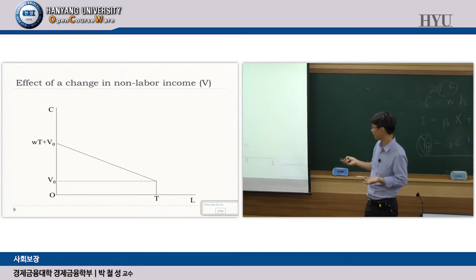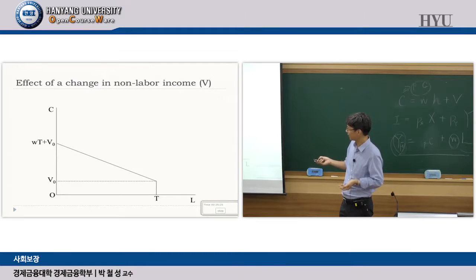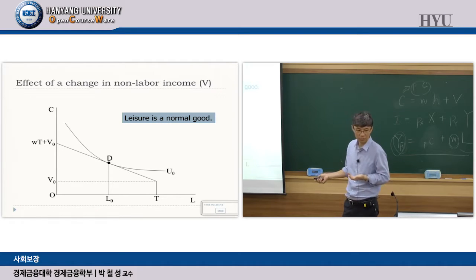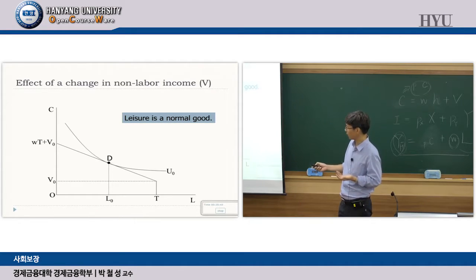That's a lot. Okay, but anyway. So what happens? Only thing that happens is V0 will change, for example, V0 to V1. Before your dead uncle's will shows up, you were happy at point D. Now your dead uncle's will shows up and you get $1 billion.